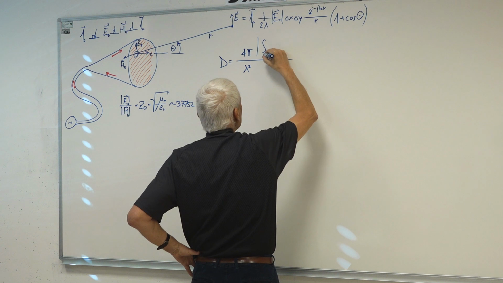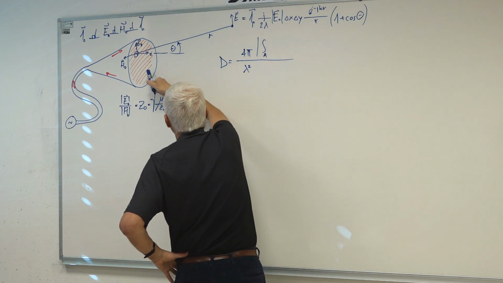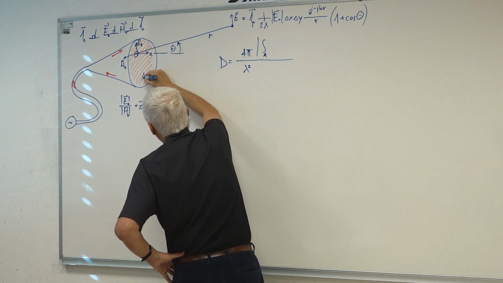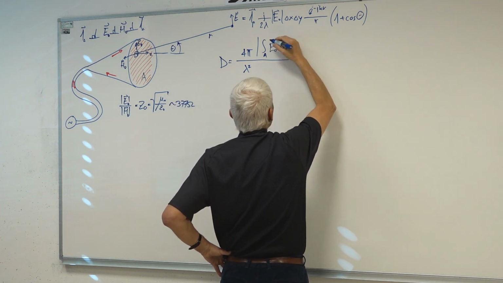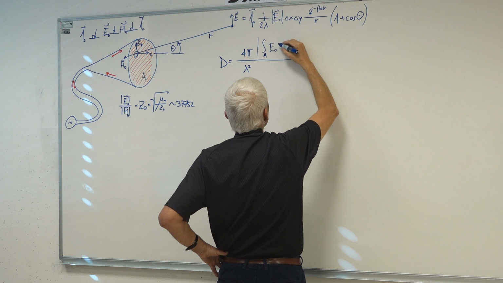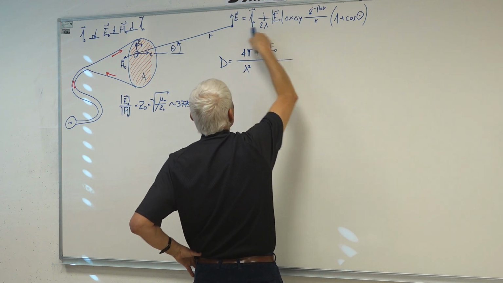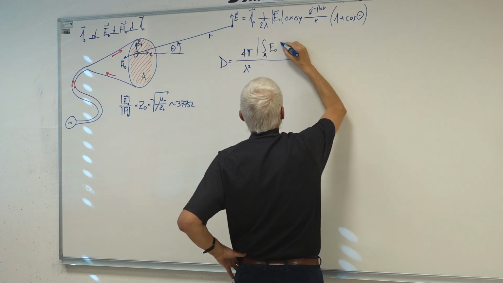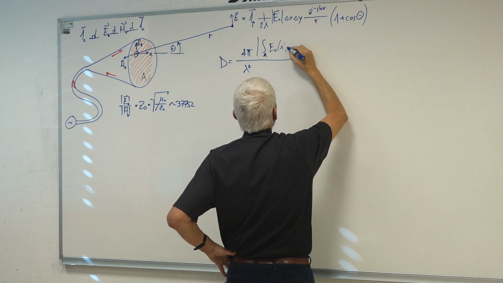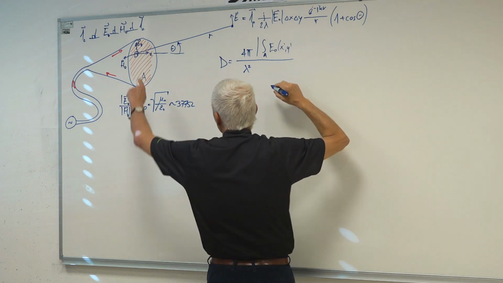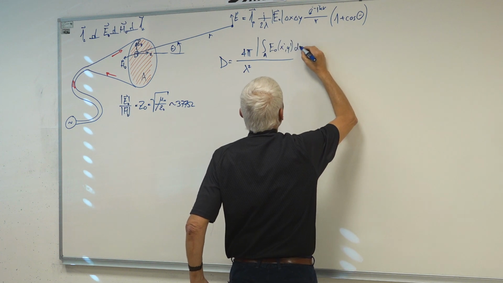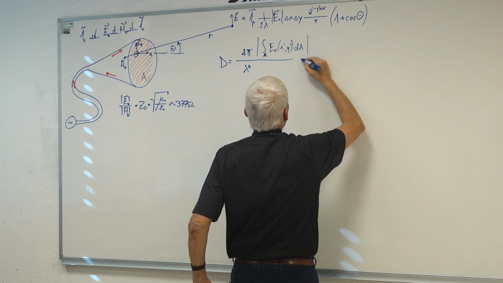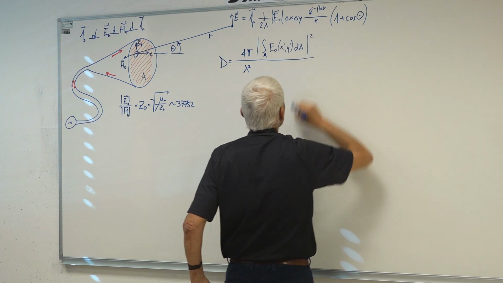So the integral over the area A of our aperture, E0 without the vector sign, because we hope that we are in the correct direction, of x prime, y prime, these are the coordinates of the source, dA, and we have the field squared over here.